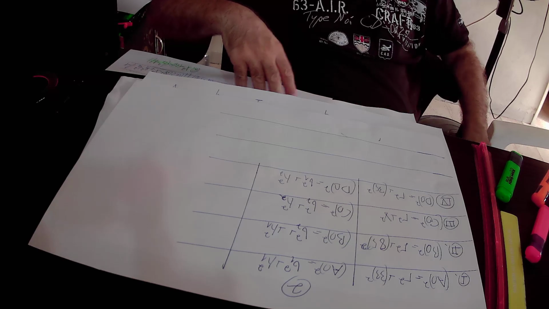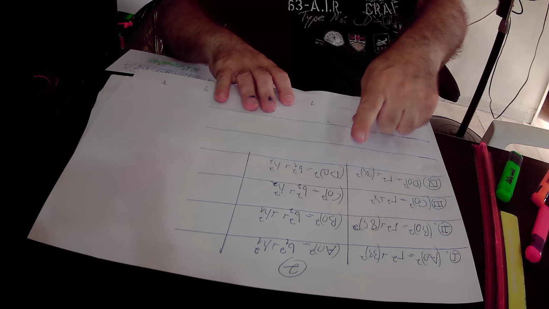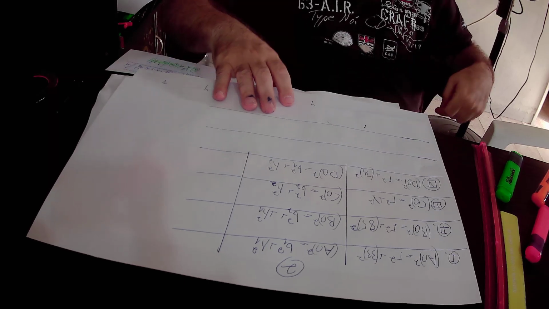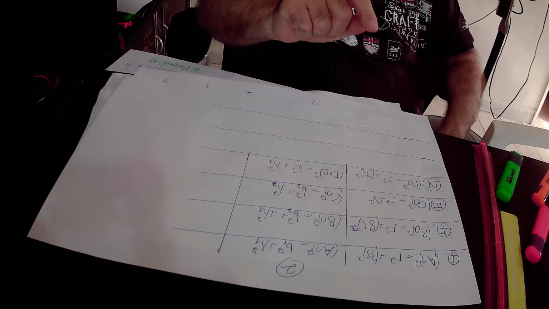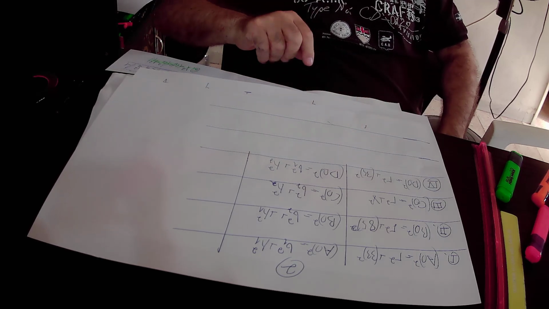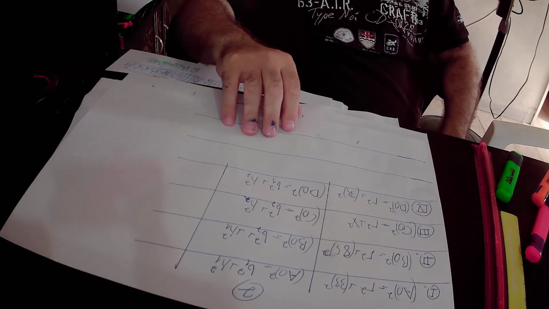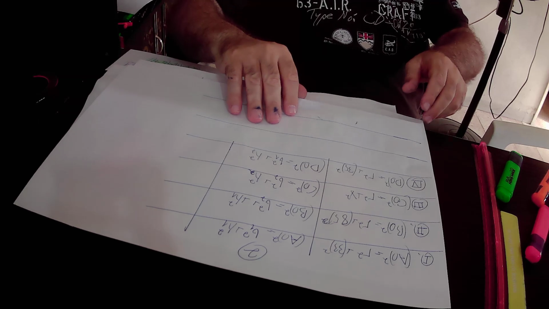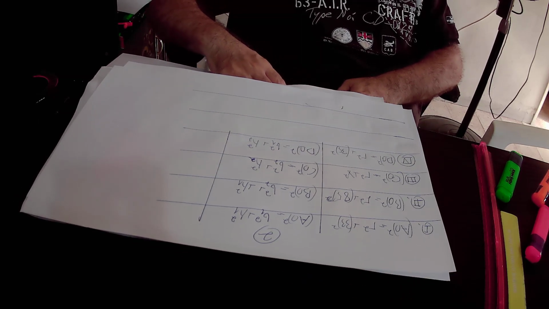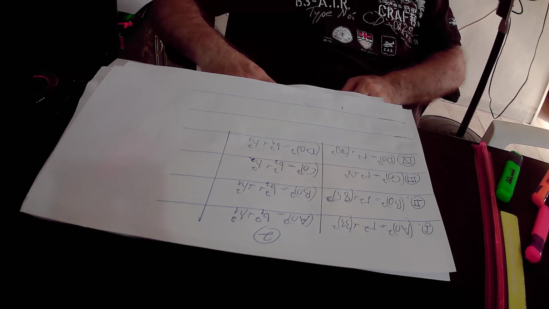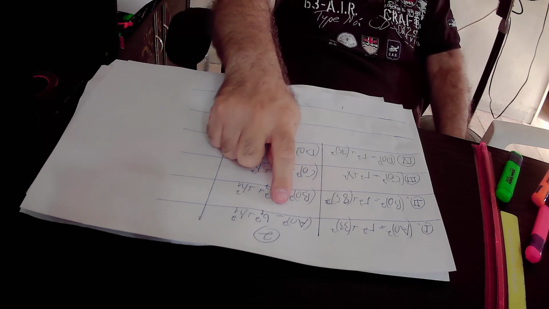So we have two different expressions for AO square, two different expressions for BO square, two different expressions for CO square, and two different expressions for DO square. So we created four more equations. According to the first equation, AO square according to equation number 1 must equal AO square according to equation number 2.